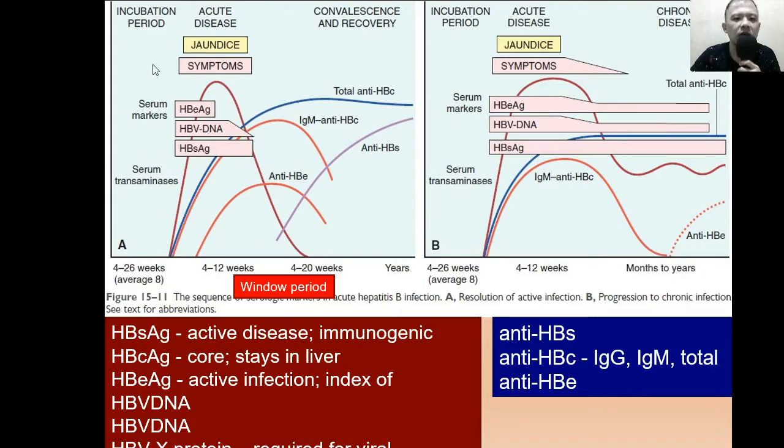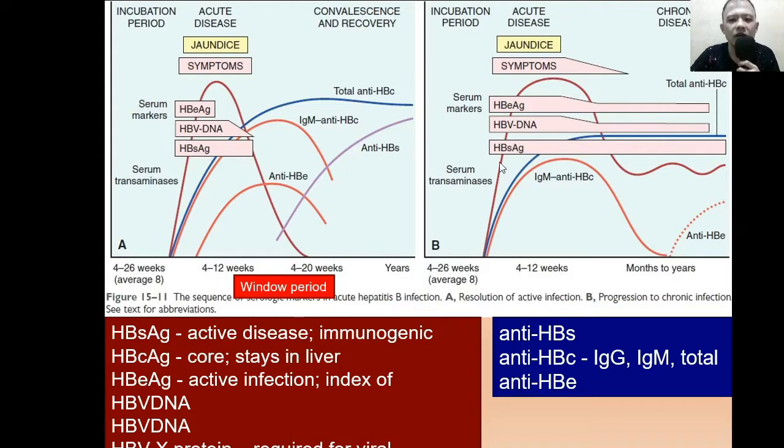At the same time it also gives us the timeline of the onset of the symptoms, which is sometime after the occurrence of these antigen and the DNA. And a little bit after you have the onset of jaundice. So in this case, hepatitis B really impairs liver function because of this jaundice as a result of retention of bilirubin.